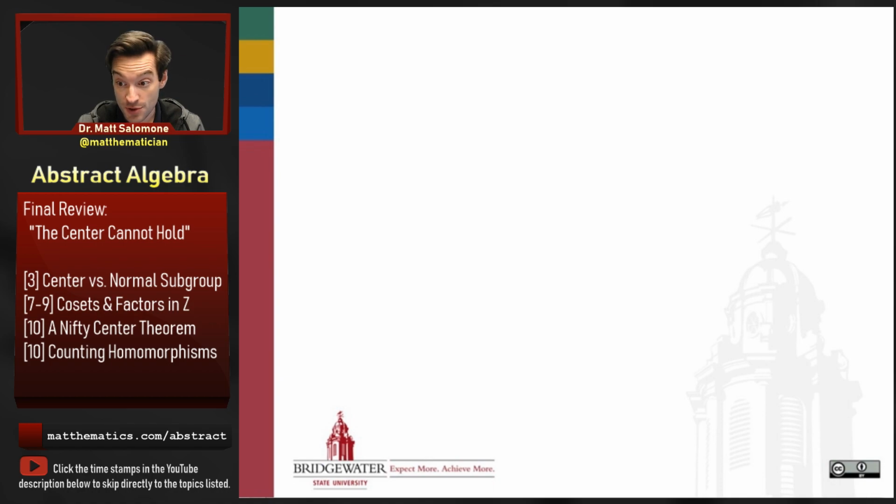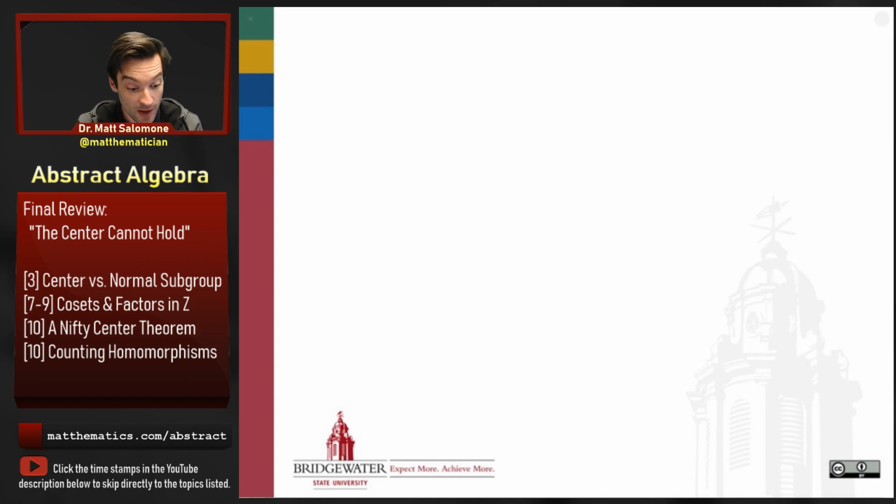And those two notions are the notion of the center of a group and the notion of a normal subgroup. And what I saw on a few of your works on quizzes and exams is that when it comes to actually using the definition of a normal subgroup, some of you were trying to think instead about the definition of the center of a group. And so hopefully we'll understand in a minute why that's the case. So I want to contrast very clearly between those notions.